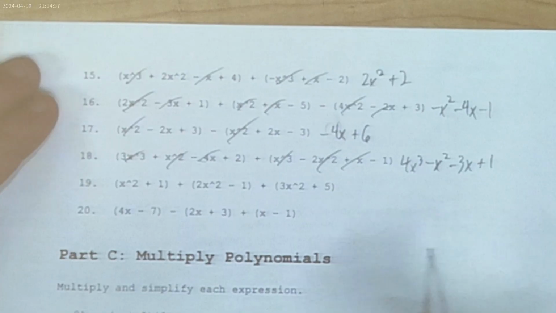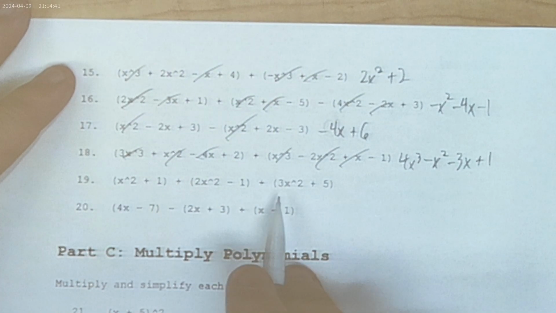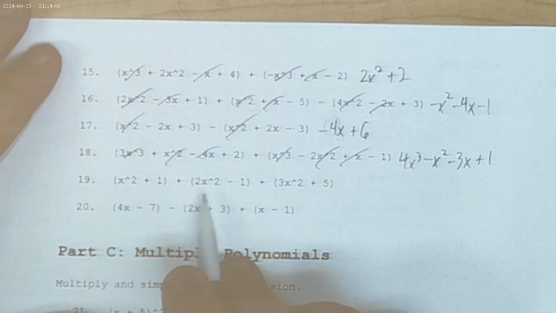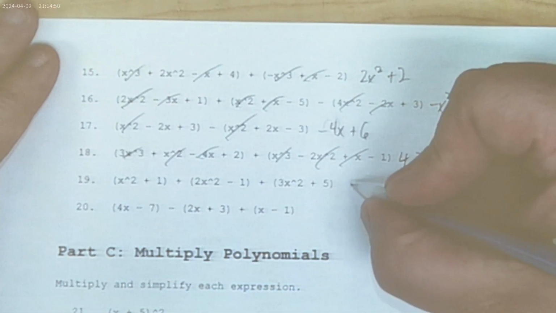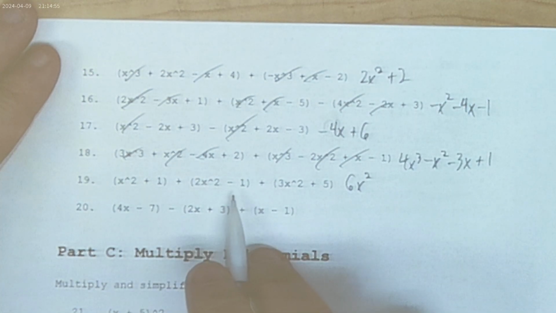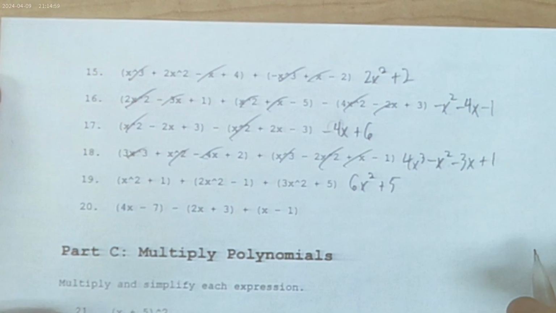So there we go. So I've got 1x squared, I've got another x squared, so I've got 3x squared. Okay, so I've got x squareds and constants. So x squared plus 2x squared, that's 3x squared, plus 3x squared, so that gives me 6x squared. And then 1 minus 1, so 0 plus 5 is 5, and that's the final answer.